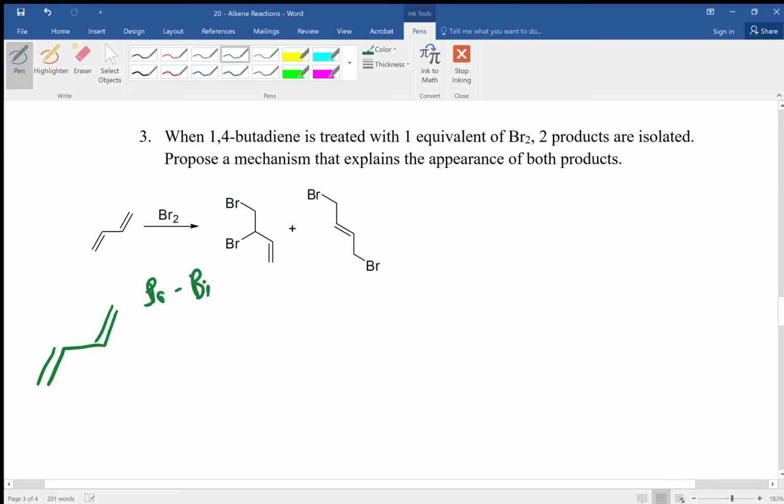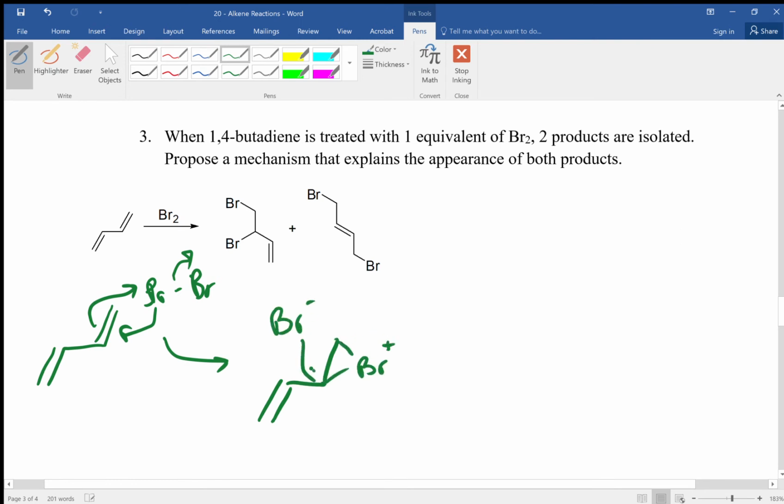So the product on the left looks exactly like what we would expect to see from a halogenation. We get the three-membered bromonium ion, which then gets opened up by Br- to form the product.